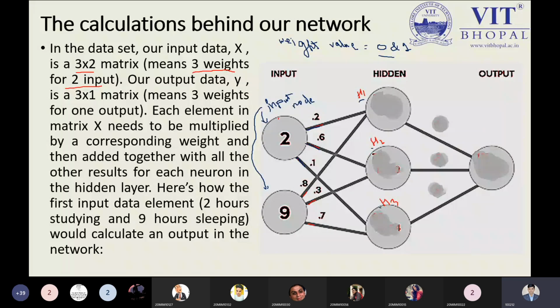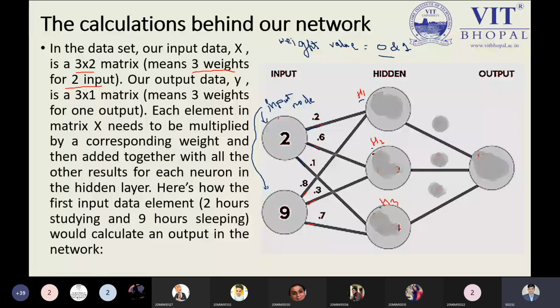It means 3 weights will be there for 2 inputs. That defines that we have 3 hidden nodes at the hidden layer. It was not defined whether there are multiple hidden layers, so we are assuming there is only one hidden layer.